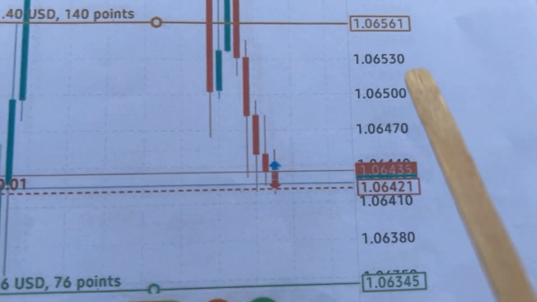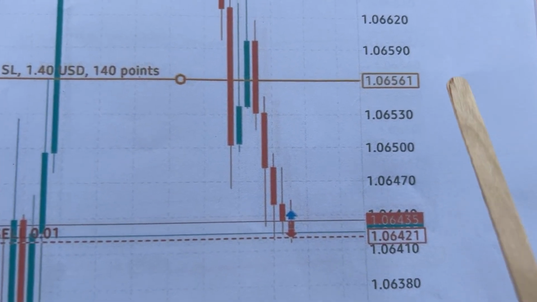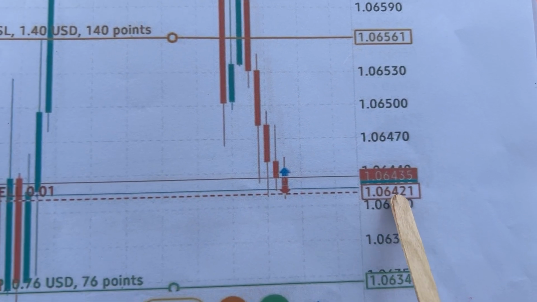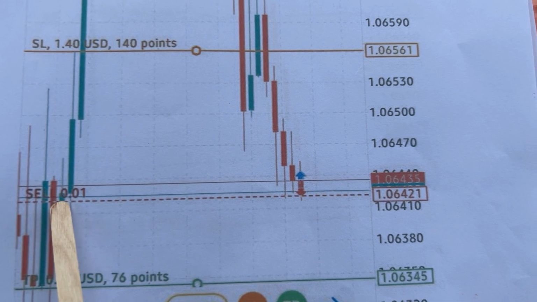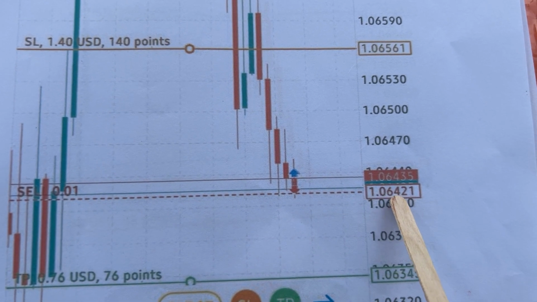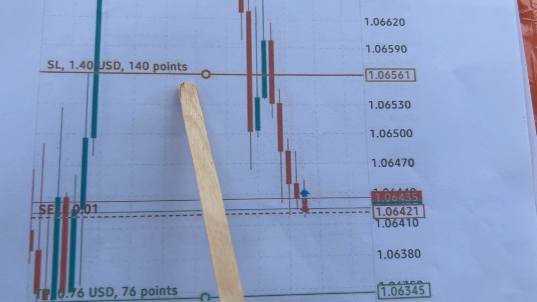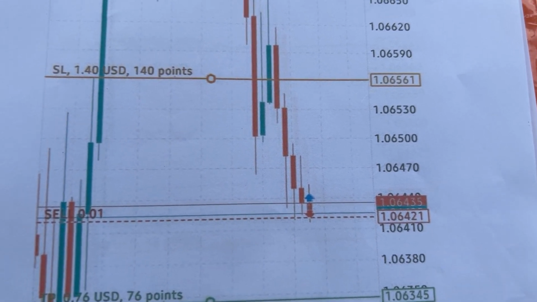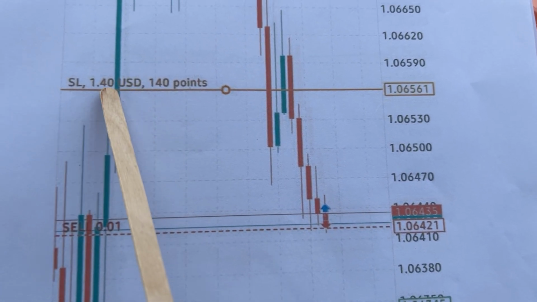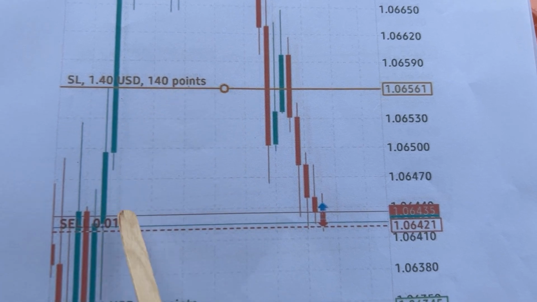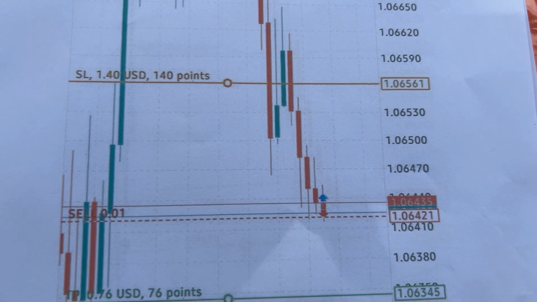When you use your calculator and subtract this price and this price where you placed a sell of 0.01 (we'll come to explain the lot size of 0.01), you get a difference of 140 points. The Metatrader 5 platform will show you the value of those 140 points versus the lot size of 0.01.